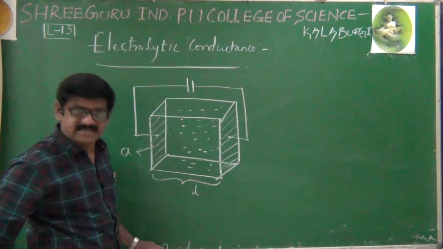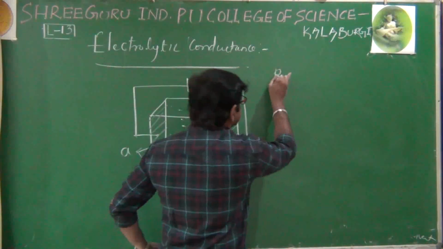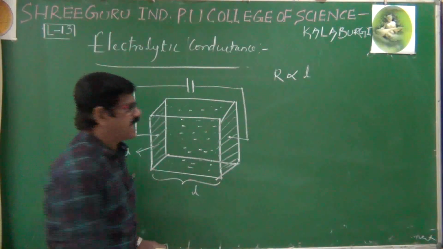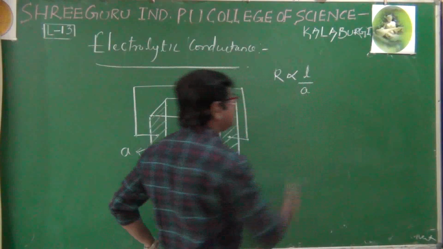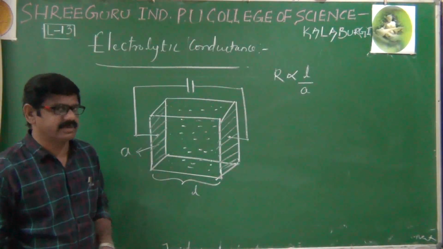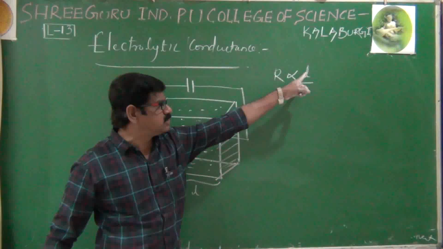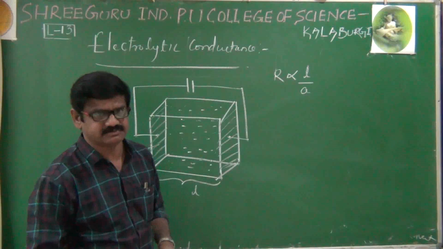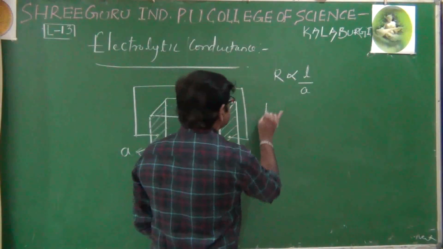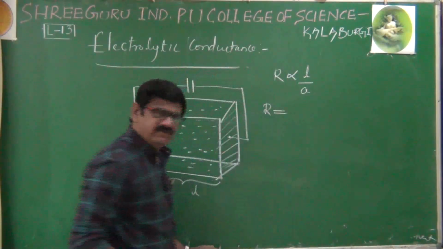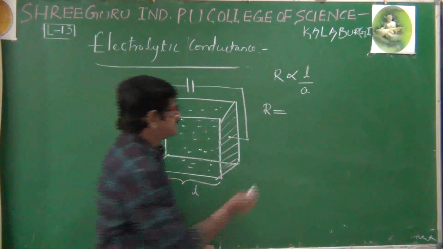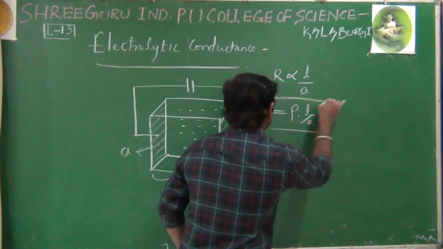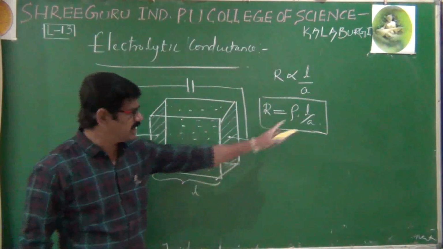As far as resistance is concerned, resistance is directly proportional to the length of conductor and inversely proportional to the area of cross section. Therefore, removing the proportionality symbol, we write one constant, rho: R equals rho into L by A.